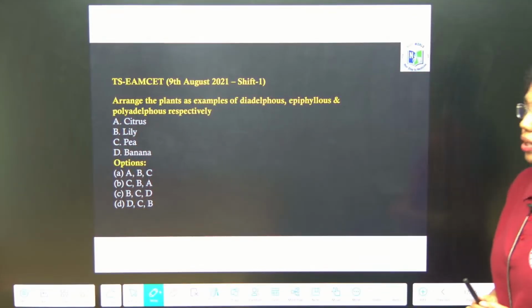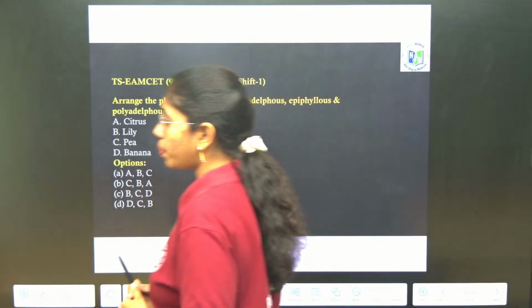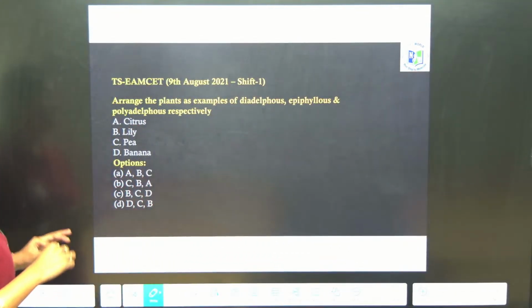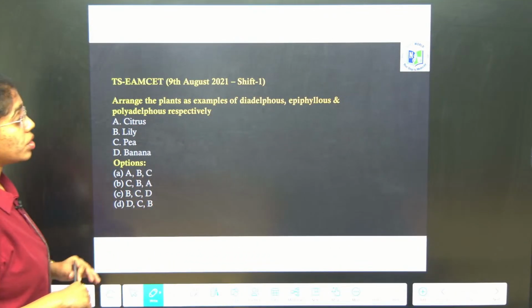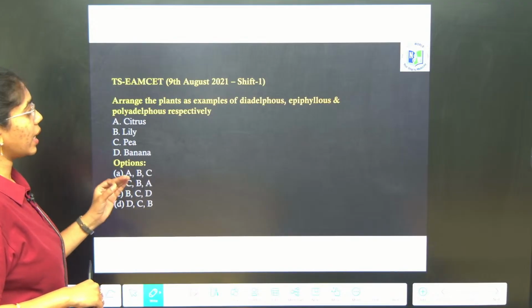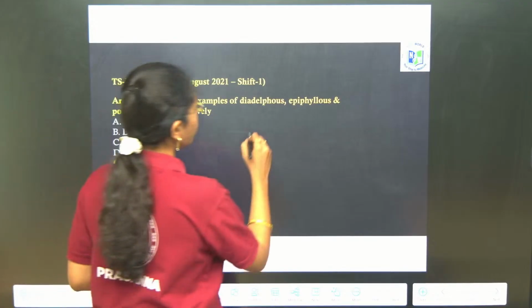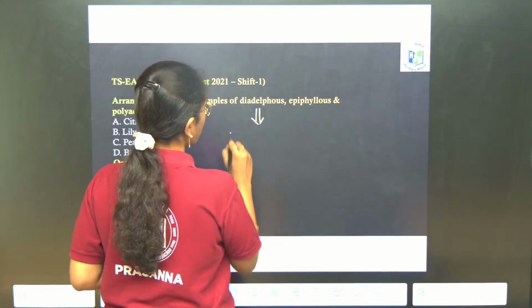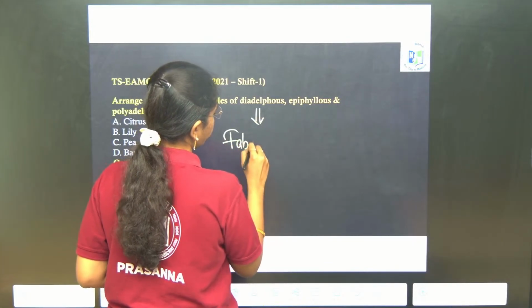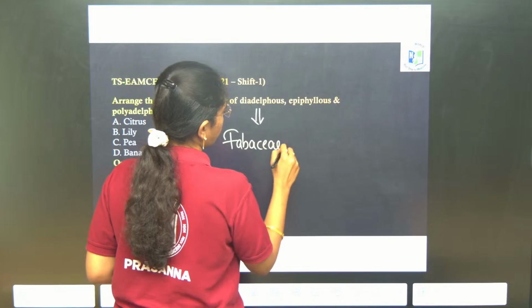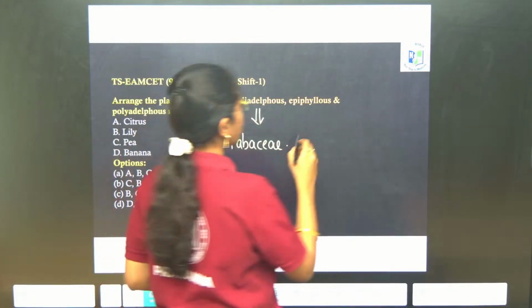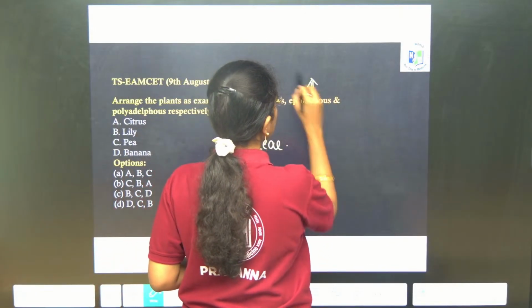Next question you look into, arrange the plants as examples of diadelphous, epiphyllous and polyadelphous condition. First you tell me diadelphous condition is seen in Fabaceae members, right? Epiphyllous condition is observed in Liliaceae members.